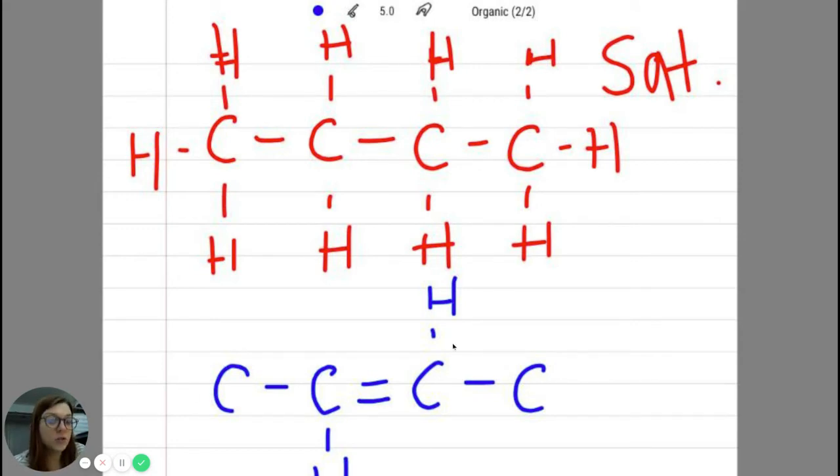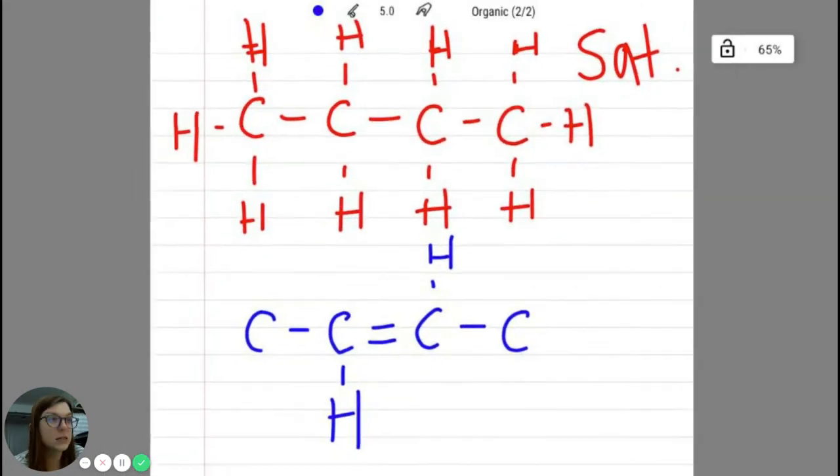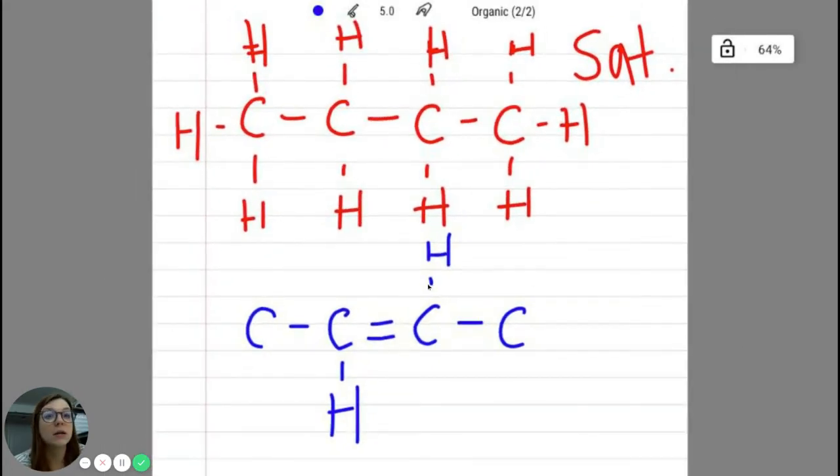So both of these carbons here have the maximum amount of bonds, even though they only are attached to 3 atoms each. So this is something that would be considered unsaturated. Oh boy, this is very ugly writing. I apologize. And then each of my carbons on the end would also get all of their hydrogens.